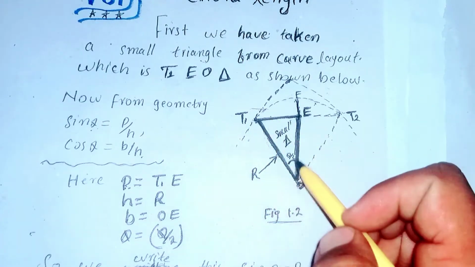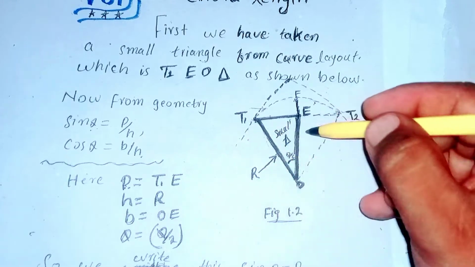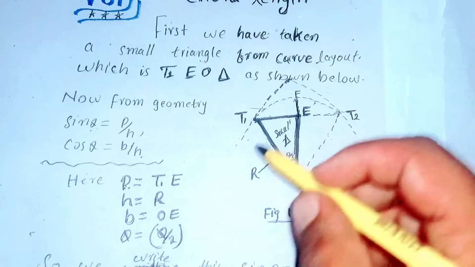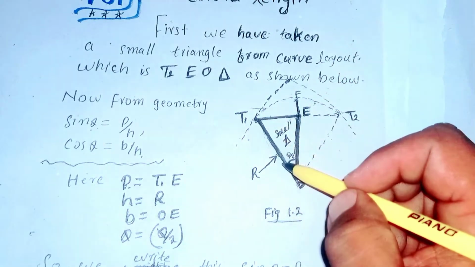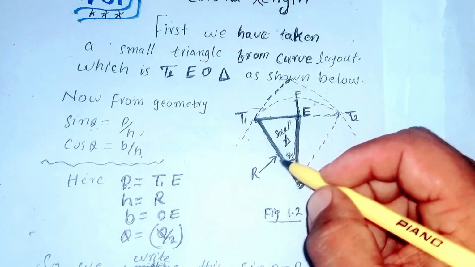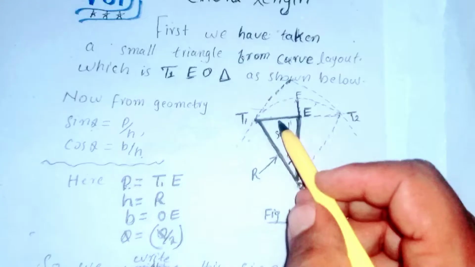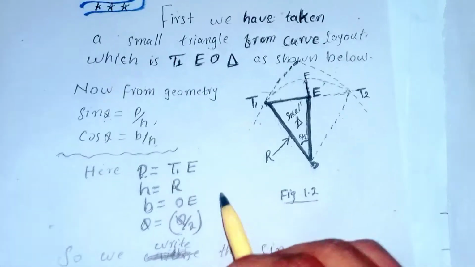This is the perpendicular of the triangle, which is T1E, this is the base of the triangle, denoted by EO, and this is the hypotenuse of the triangle, denoted by OT1, which represents the radius of the curve.